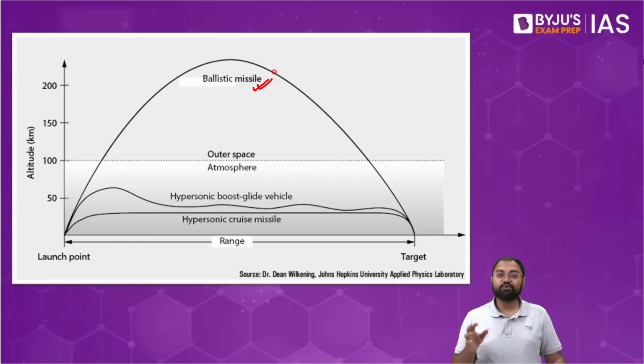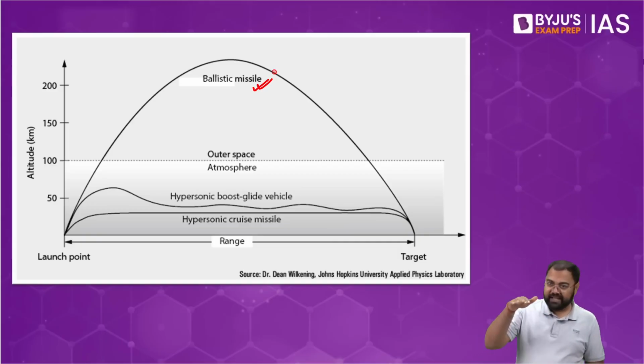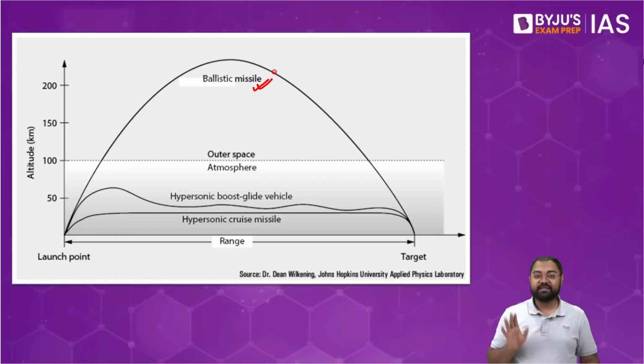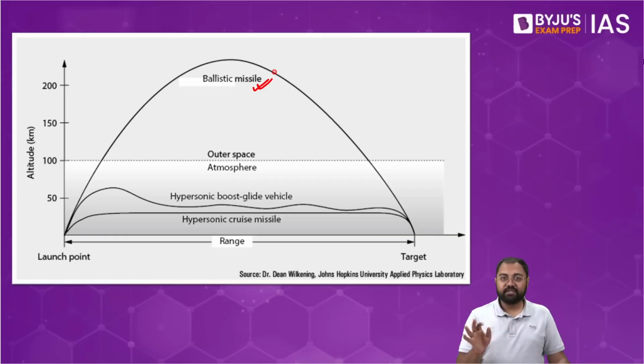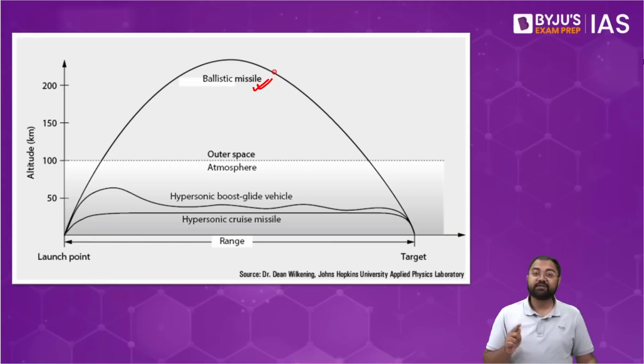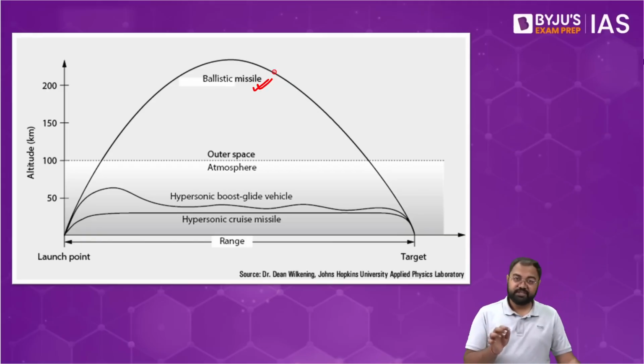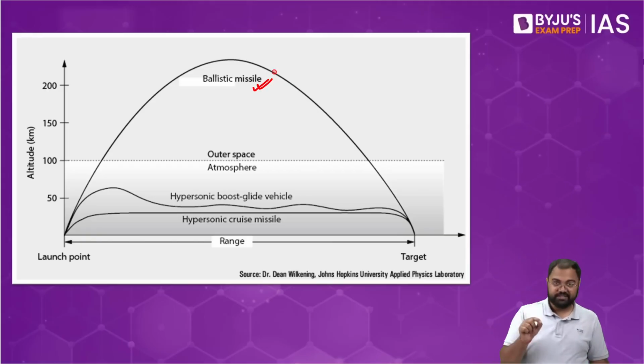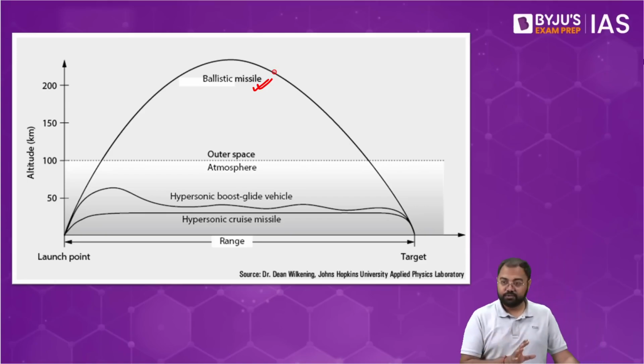Cruise missiles are more like airplanes, where they fly like airplanes, and their path can be controlled like airplanes. That's not the case with ballistic missiles. So that is where they are different on the basis of their trajectory. Ballistic missiles take a parabolic trajectory. On the other hand, cruise missiles take an airplane like trajectory. That's the basic difference between the trajectories of ballistic and cruise missiles.